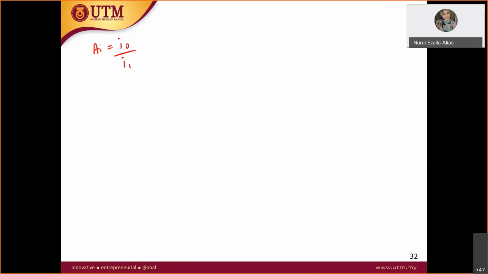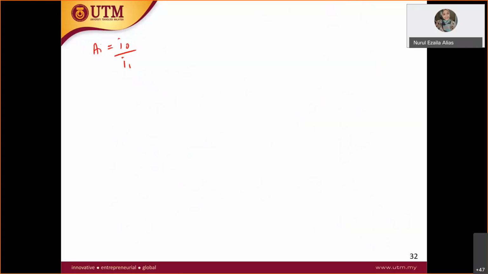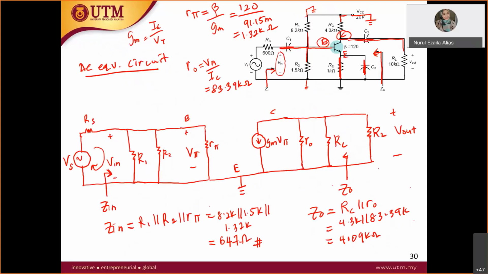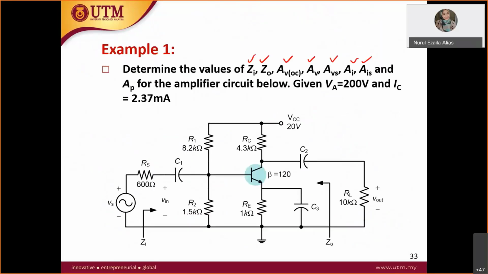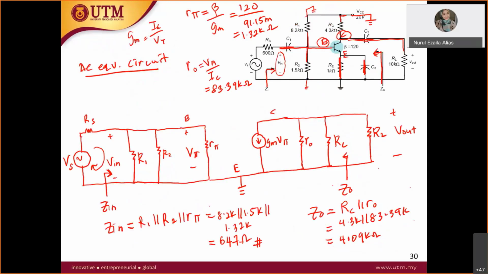From your equivalent circuit just now, you might see this is your equivalent circuit. So where is your I out actually? Given the circuit like this, I out is going here, and this is your I in.